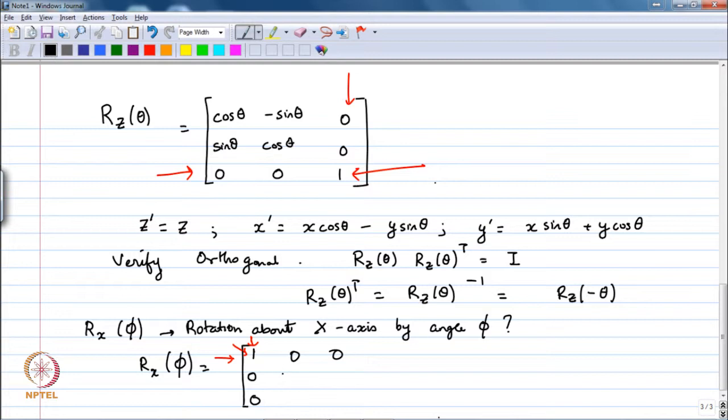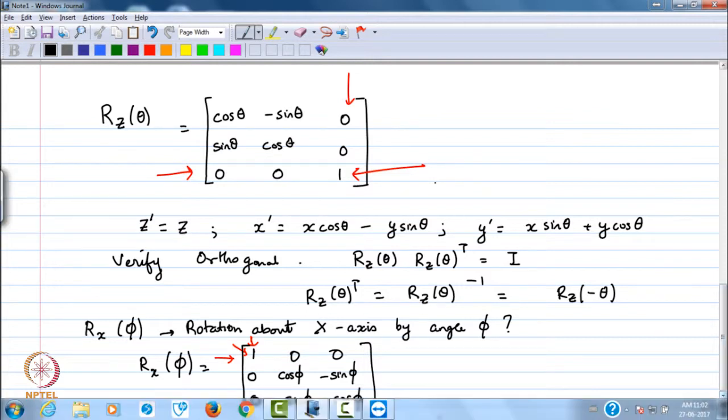So, now you will have a cos phi, minus sin phi, a sin phi and a cosine phi. And again you can verify that this is orthogonal, and you can also verify that its transpose is nothing but its inverse.